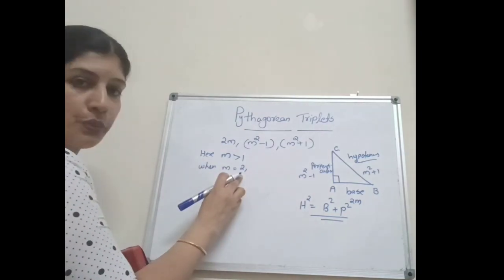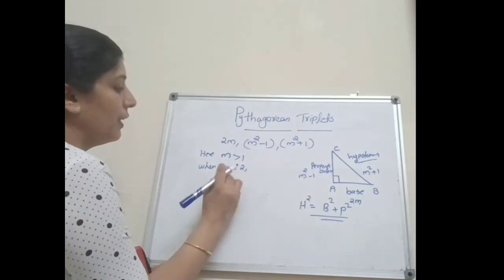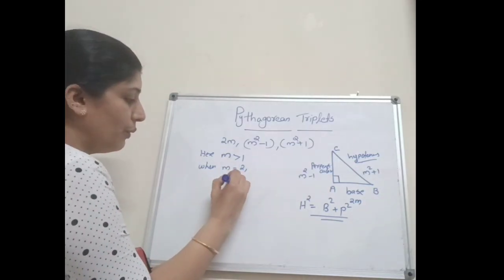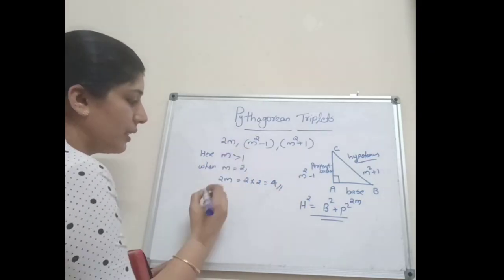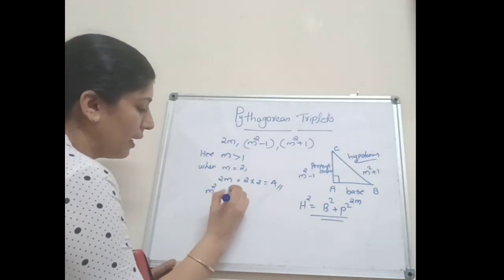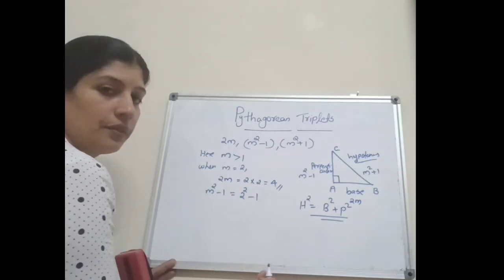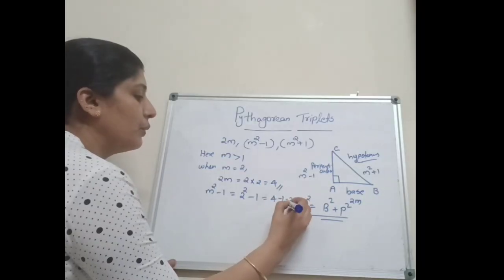When m equal to 2, the first side is 2m. Therefore, 2m equal to 2 into 2 is equal to 4. Next, we consider m square minus 1. M square minus 1 equal to 2 square minus 1, that implies 4 minus 1 equal to 3.